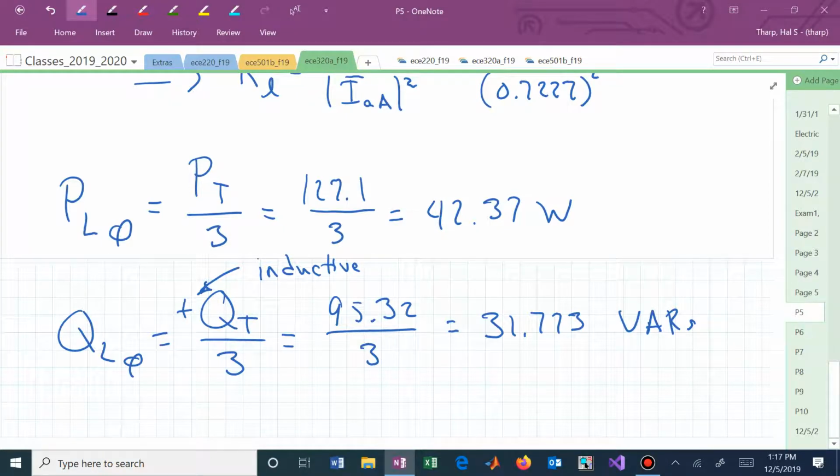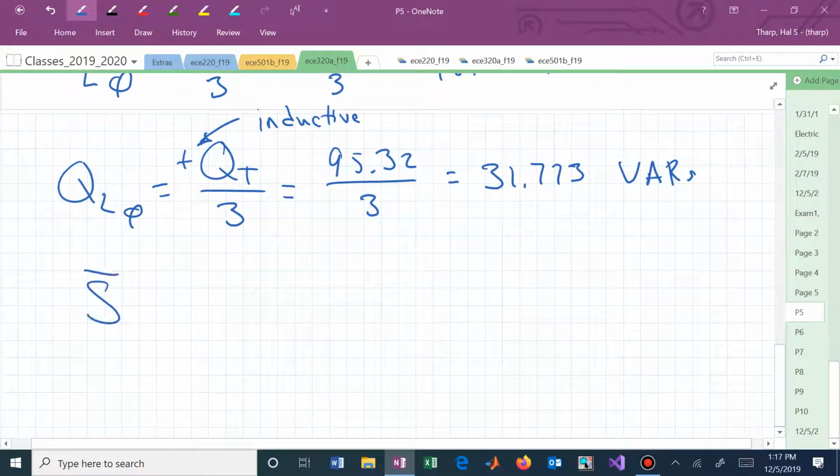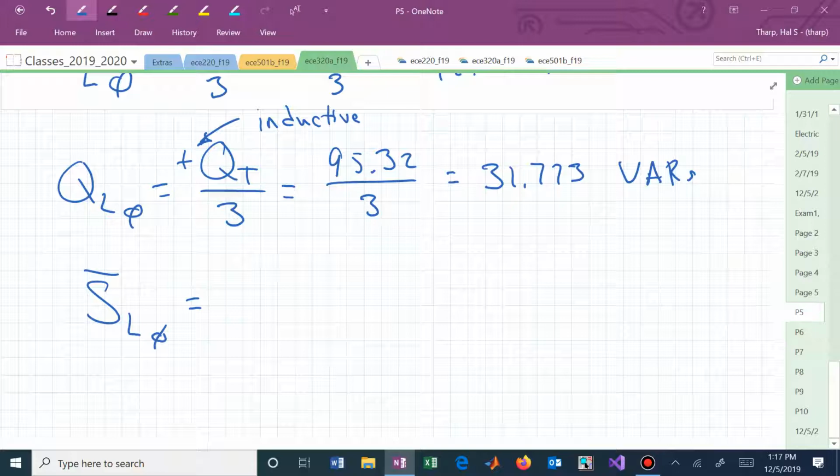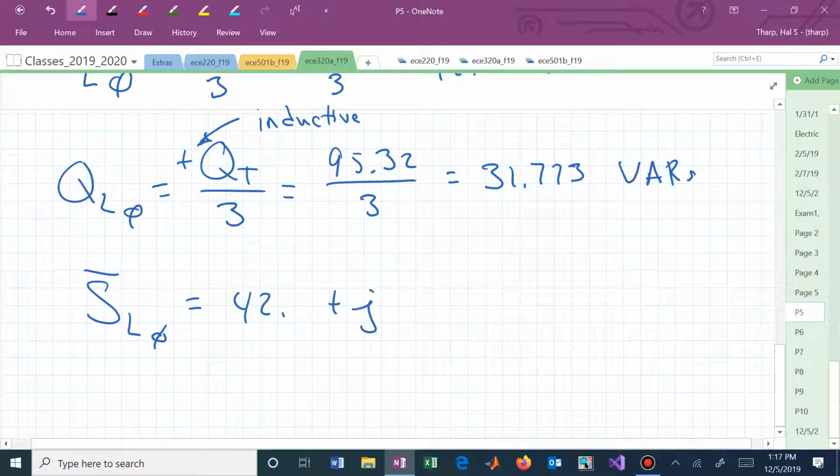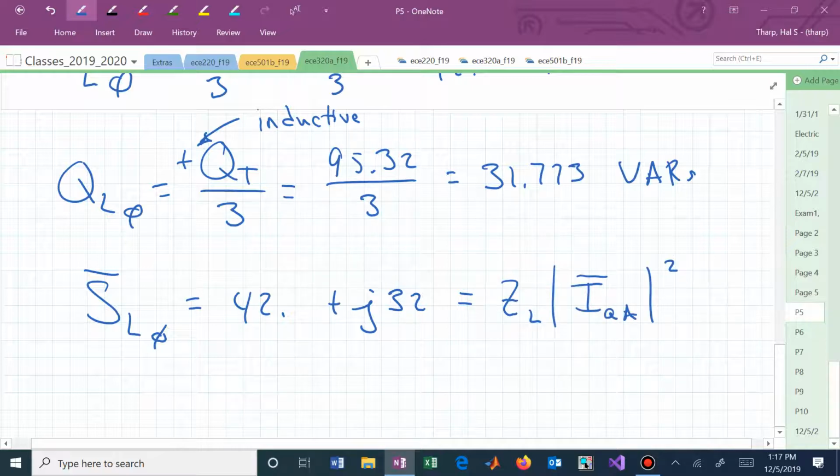We now know what the complex power of one phase of our load is equal to. It's P sub L sub phi plus JQ sub L sub phi, which number-wise is now this 42 plus J32. But that's also, based on the formulas that we derived up above, the impedance of our load times the magnitude of our phase current squared, which is the same as our line current.